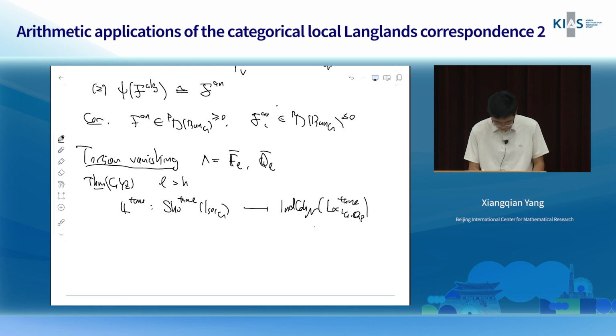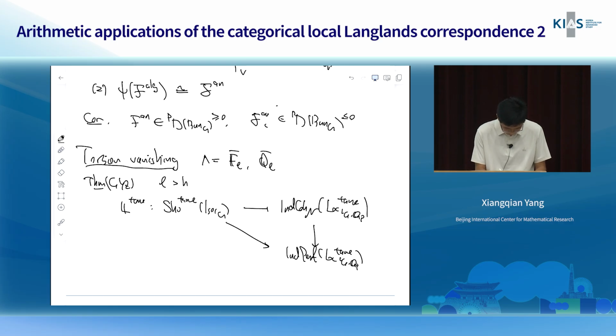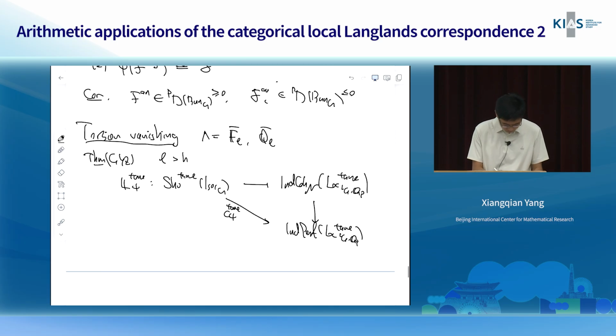And then if you project to the Perf category, then this combination is Ψ, called the tame Ψ. Then this is a t-exact functor, where on the right-hand side you put the exotic t-structure, and on the left-hand side you put the good filtration t-structure.